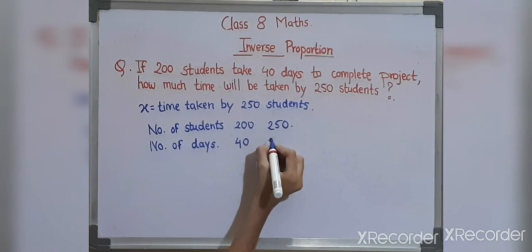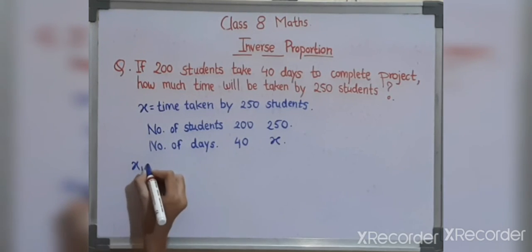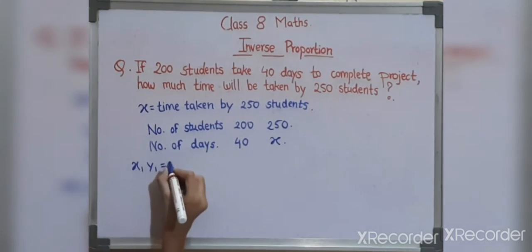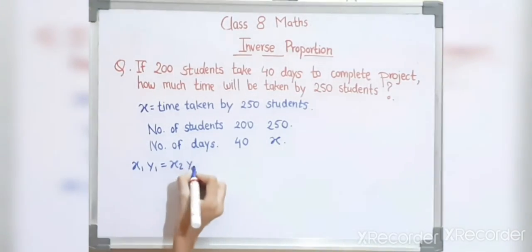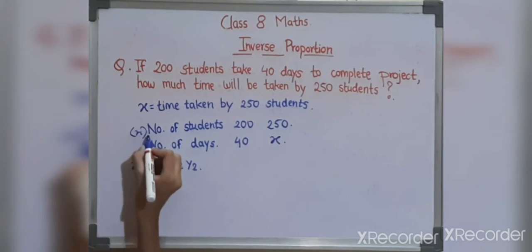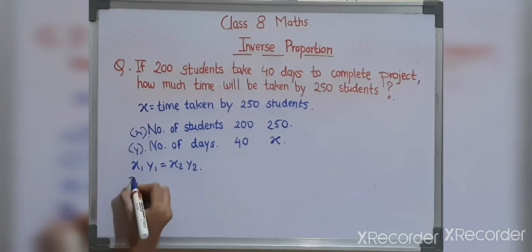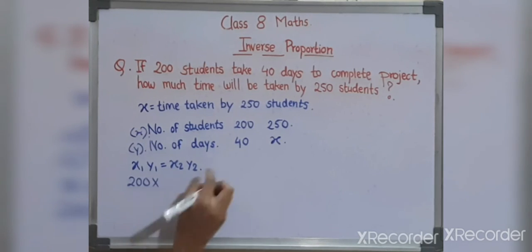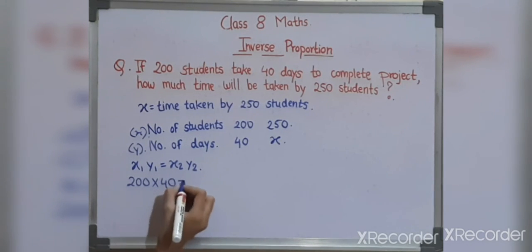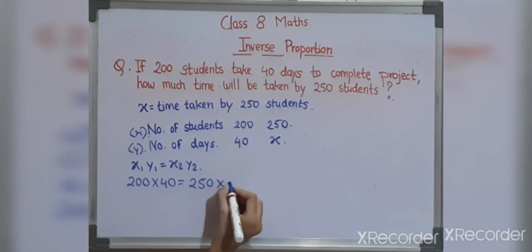So we will take it as x. So x1 y1 is equal to x2 y2. So here x is number of students and y is number of days. So x1 here is 200 into y1 is 40, which is equal to x2 is 250, and y2 we have taken it as x.